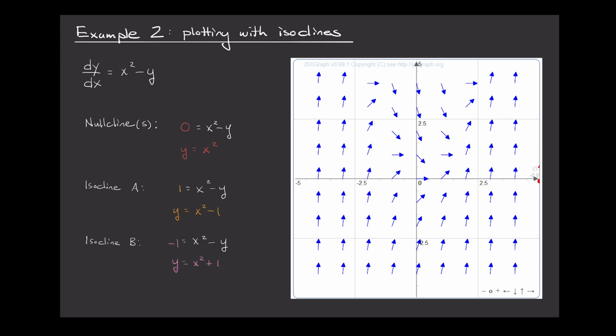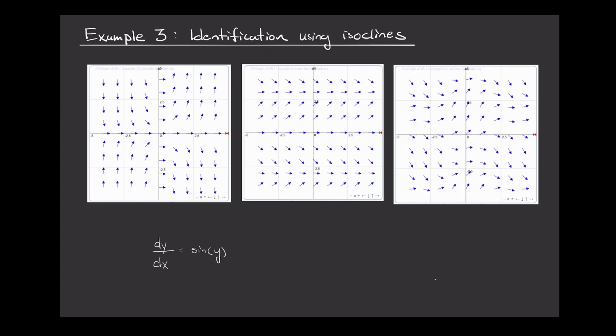Now let's look at our last example, where we'll try to match a differential equation to a slope field. Here we have three different computer-generated slope fields. Let's say we want to consider the differential equation dy dx is equal to sine of y, and how that might correspond to one of these three slope fields.